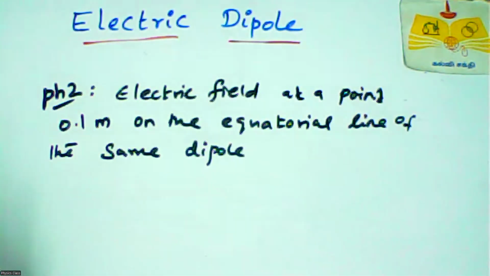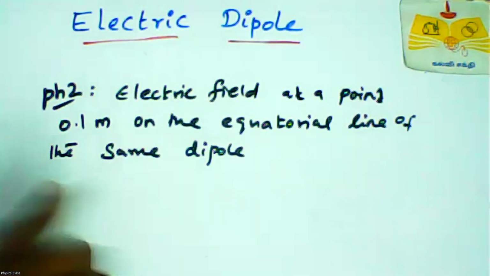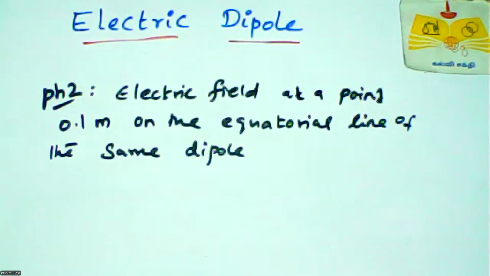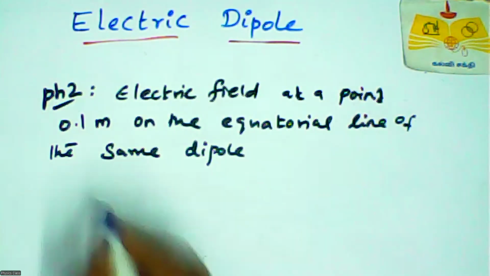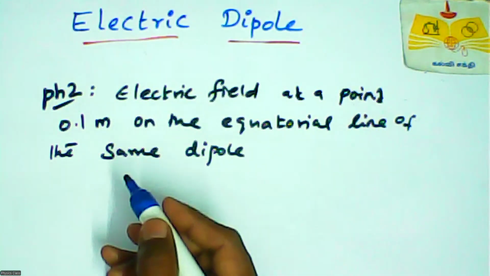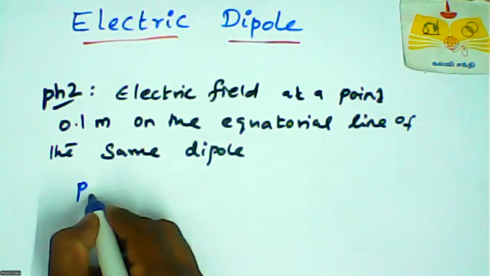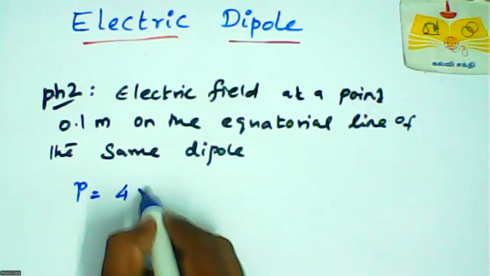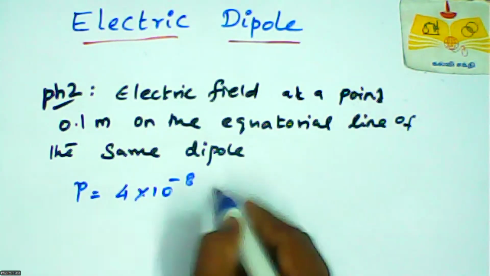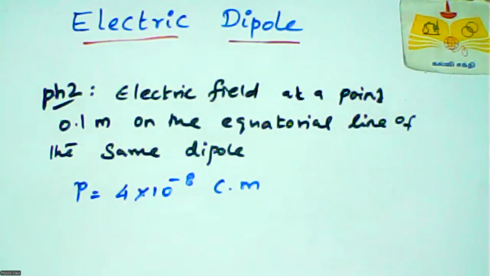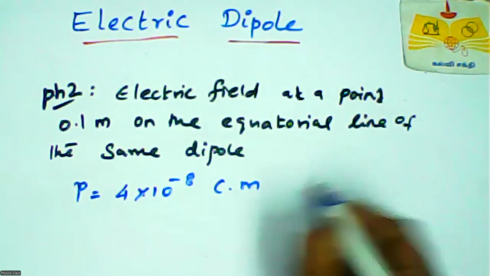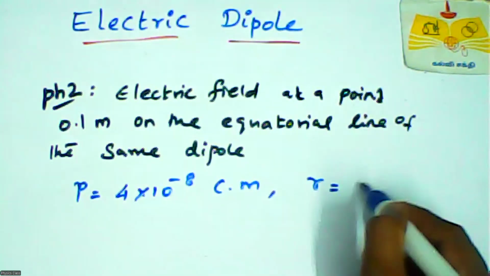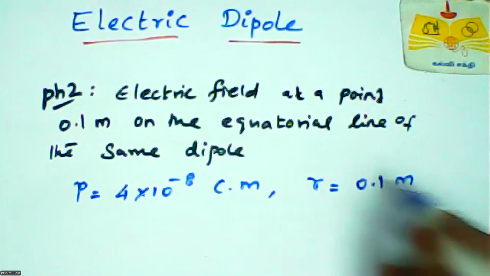So now we have to find the electric field at a point 0.1 meter on the equatorial line of the same dipole. So we use the same dipole moment, because the charge values are not changing. The dipole moment P is 4 into 10 power minus 8 Coulomb meter, and the same distance r is equal to 0.1 meter.